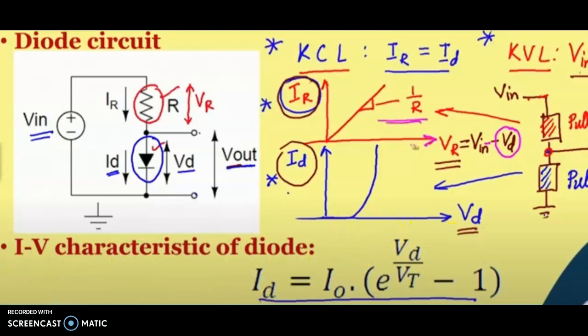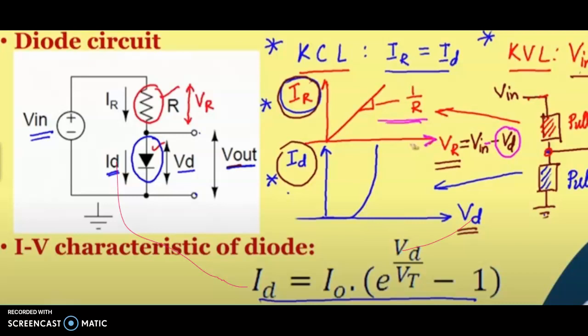ID equals I not times e power VD divided by Vt, minus 1.